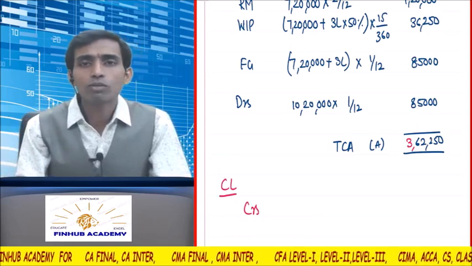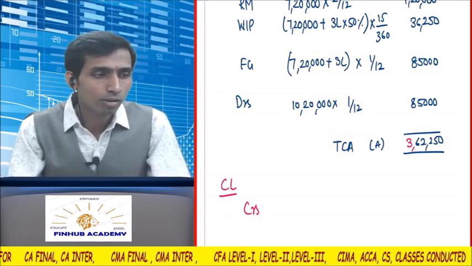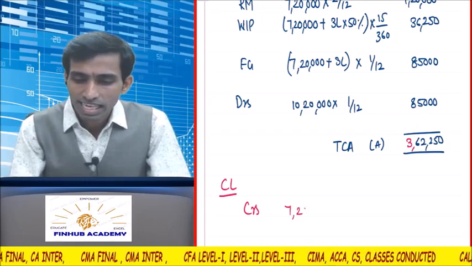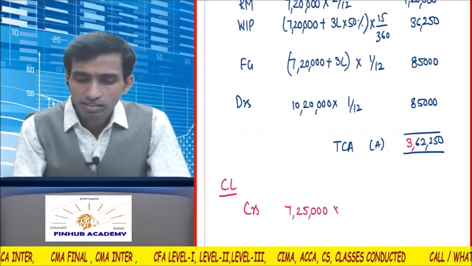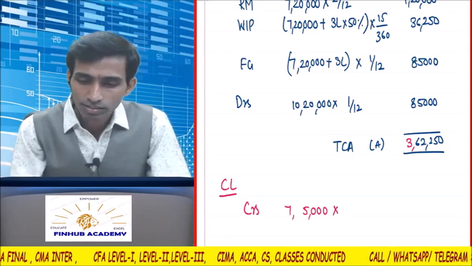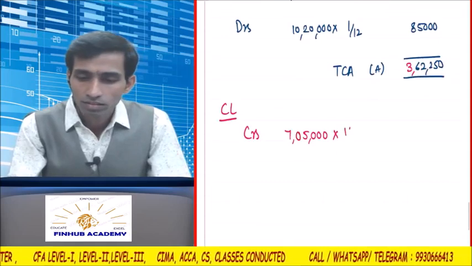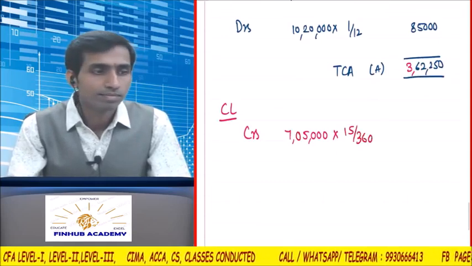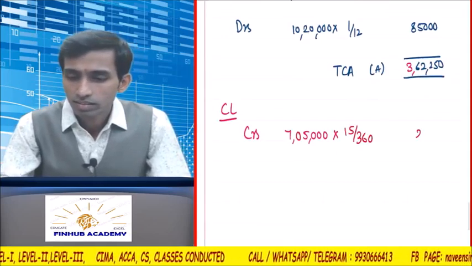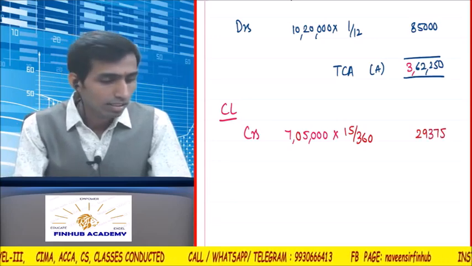Current liability, creditors. Creditors will be valued at raw material purchased. How much is raw material purchased? 7,05,000 into period 15 by 360. Answer 29,375. After creditors, anything else?